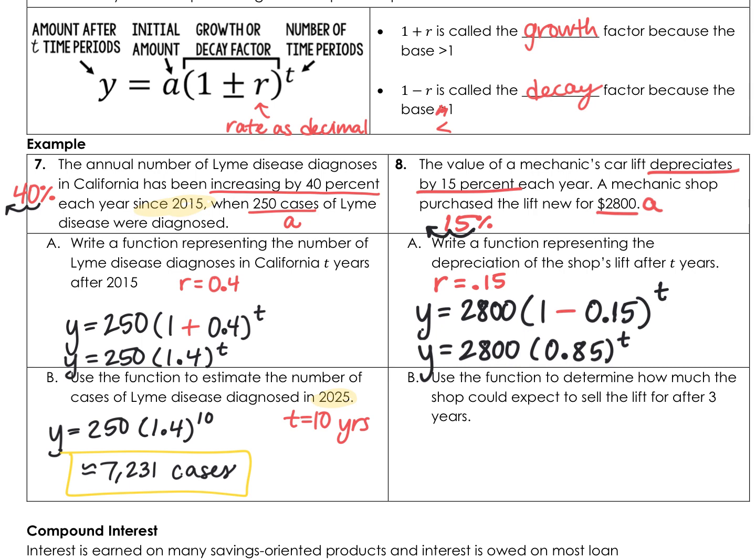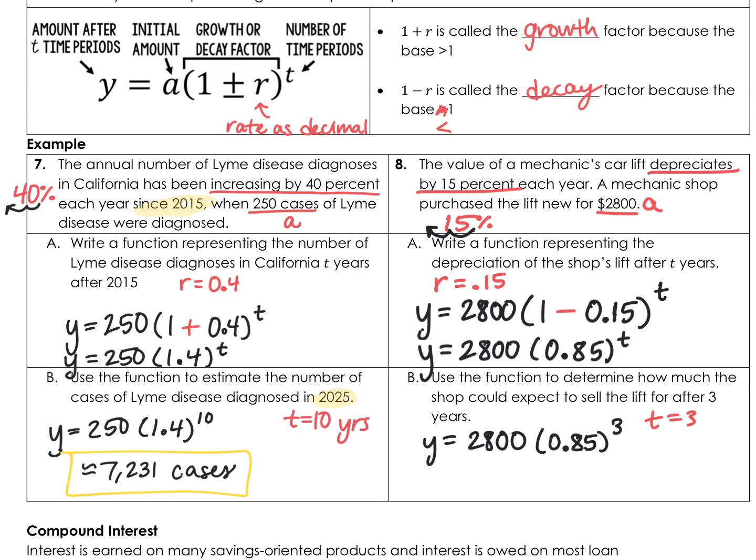So use the function to determine how much the shop should expect to sell it for in 3 years. So what's t? 3? Okay. Plug it in, 2,800. And I'm going to use the one that we simplified a little bit, so 0.85 raised to the third. If you wanted to put 1 minus in your calculator exactly as is, you just have to make sure you put it in parentheses, okay?